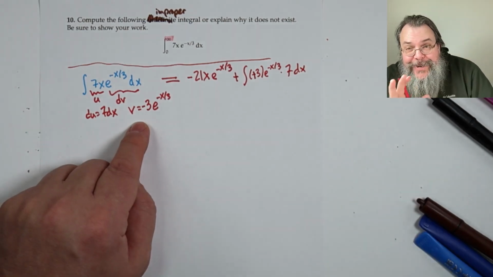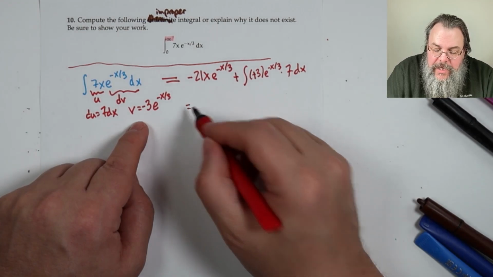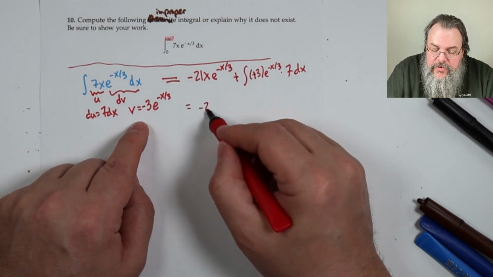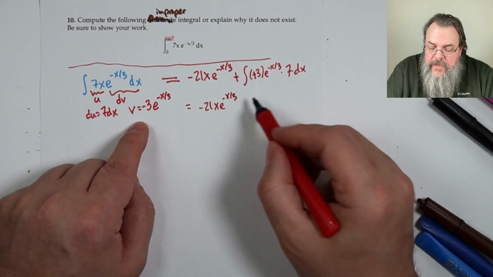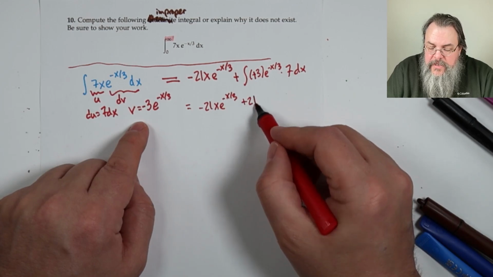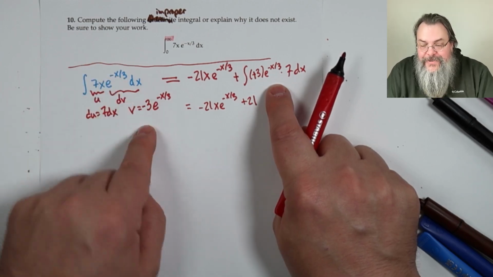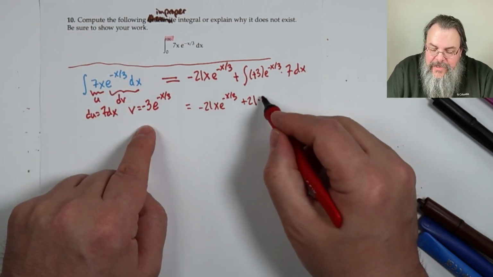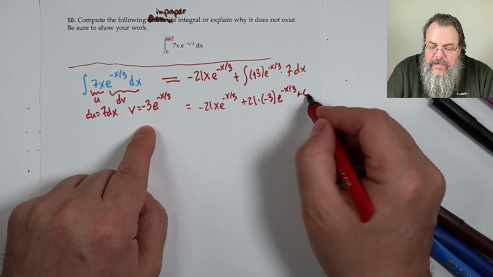Actually, 2 wrongs don't make a right, but 2 minuses do make a plus. So we have here minus 21x e to the minus x over 3. 3 times 7 can come out as a plus 21. And then the integral of e to the minus x over 3 is the same thing as what we did over here. So times another negative 3 e to the minus x over 3 plus c.